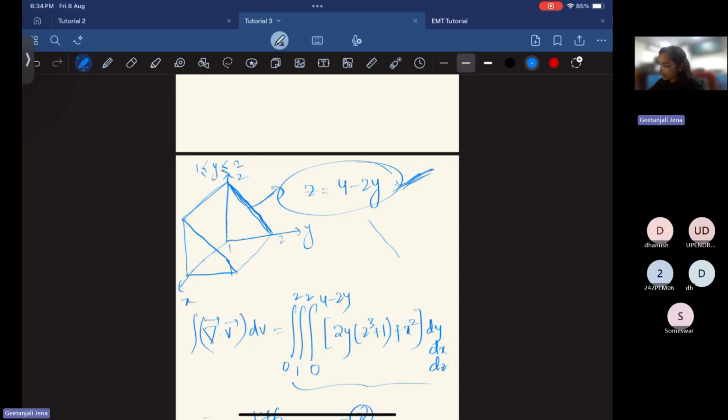you have a line here. Let's say this is y1, z1, and this is y2, z2, right? And the equation of the line, if you remember, let me write it.